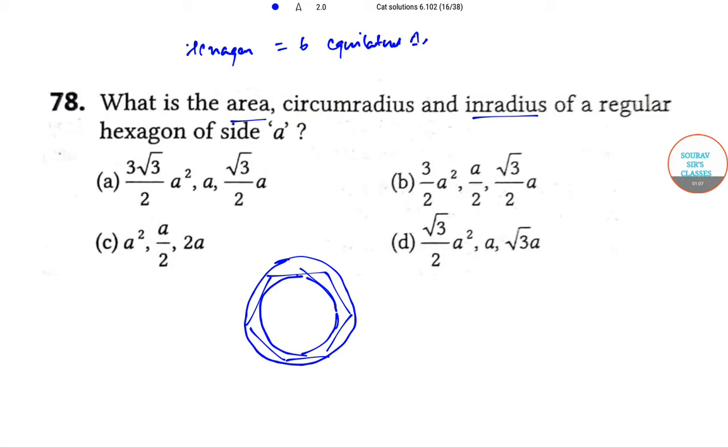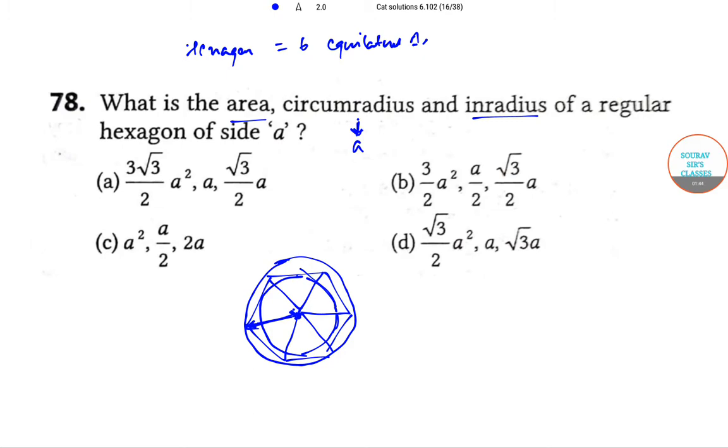And let this be the center. So, the circumradius is equal to this, which is the side of the equilateral triangle, that is a hexagon. So circumradius is equal to a.